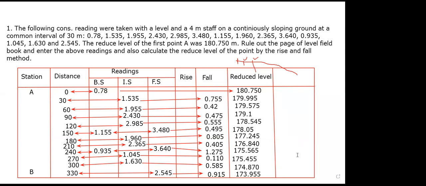So here the last RL is 173.955 minus the first RL is 180.750. So the difference is minus 6.795 also. So the arithmetical check is over. The difference of summation of BS and FS, the summation of rise and fall, and the last RL minus first RL are same.